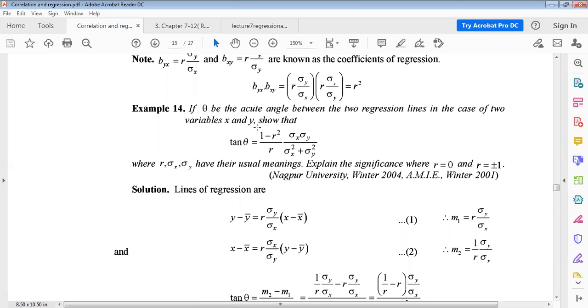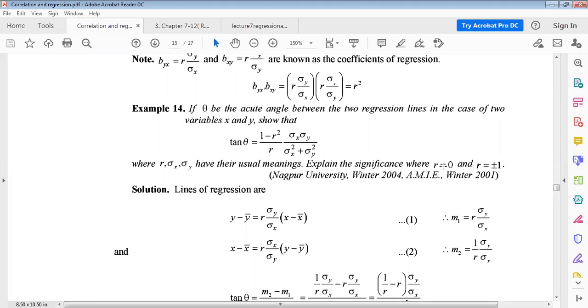If theta is the acute angle, which means less than 90 degrees and more than 0 degrees, such as 60 degrees, 30 degrees, etc., then between the two regression lines, in the case of two variables x and y, show that tan theta equals this expression for finding the angle using the variance and correlation coefficient, where r, sigma x, sigma y have their usual meaning.